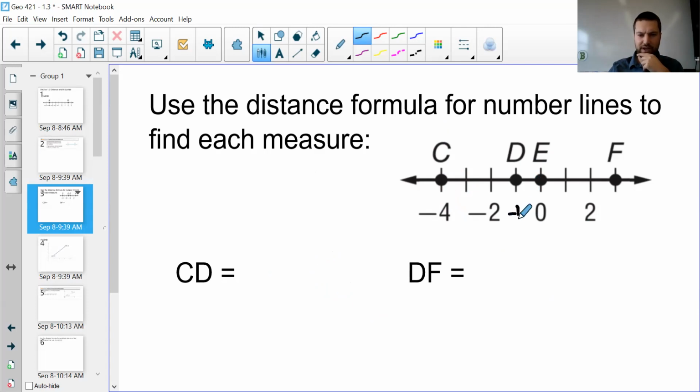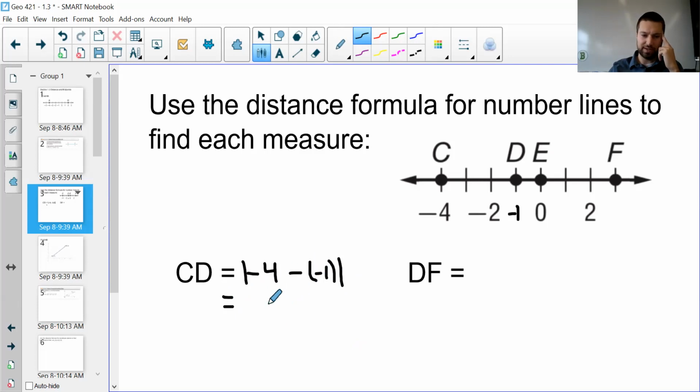Also, another reason to use the absolute value is because we might be dealing with negatives, okay? So for example, for CD, we're gonna do -4, and you can do it the other way. I'm gonna start with the C value minus a -1. Okay, that's gonna be our amount, and we're going to take the absolute value of that because we want a nice positive number, okay?